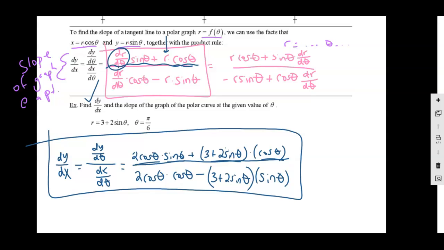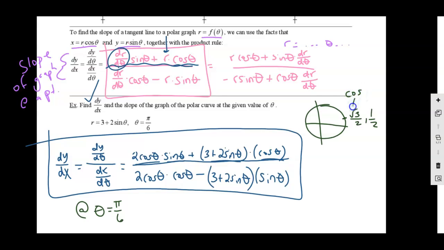You could try to distribute and combine some stuff, like that's cosine squared on that bottom left, sine squared on that bottom right. But we're just going to plug it in. We're just going to plug all this stuff in, and we're going to evaluate it at theta equals pi over 6. Let's think about pi over 6. Pi over 6 would be this point where you go over a lot and then up a little.